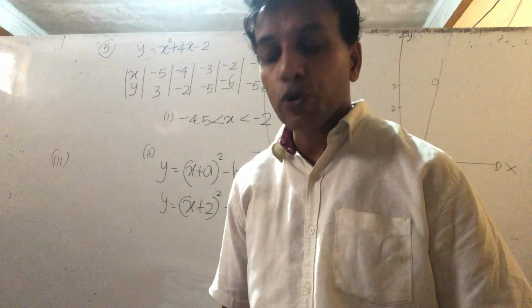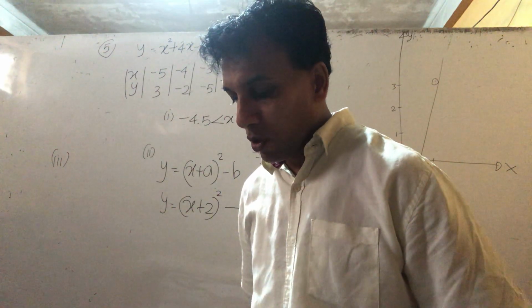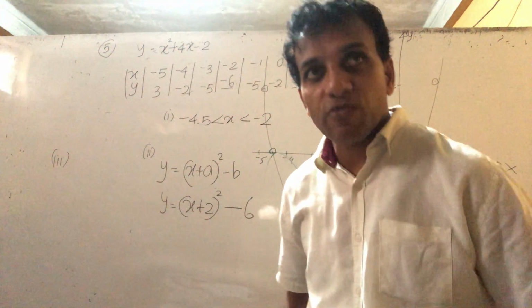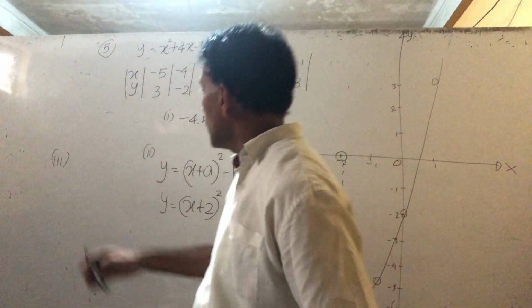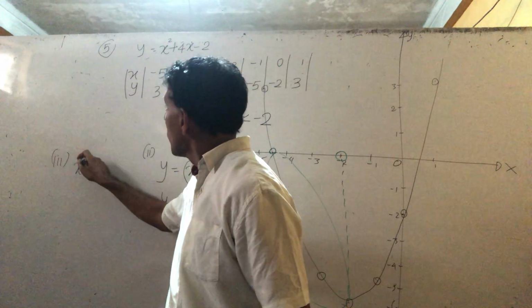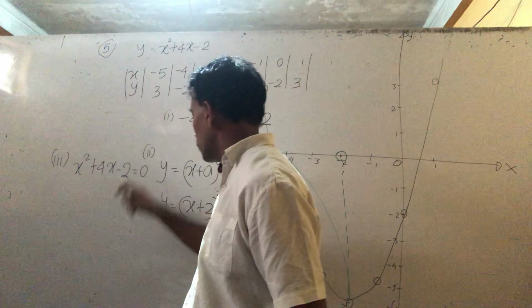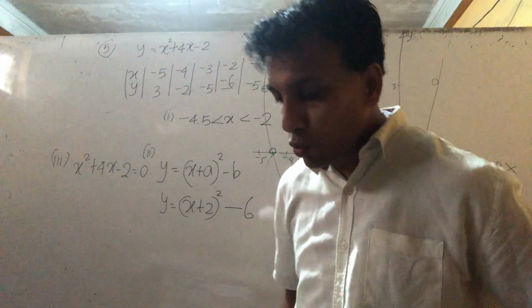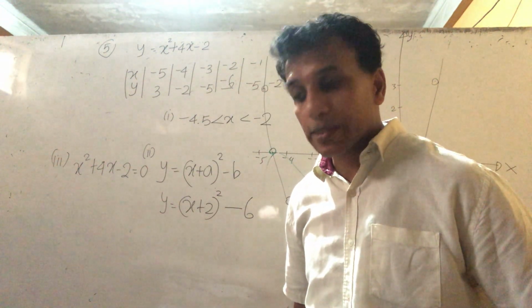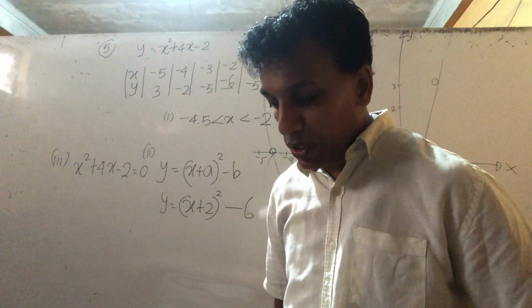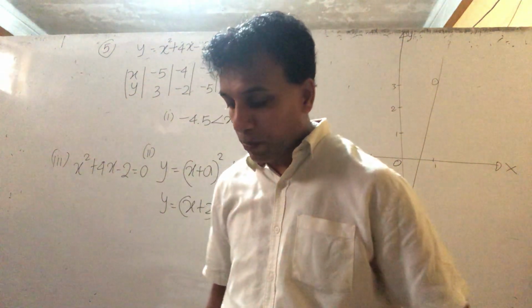Find the positive root of the equation x squared plus 4x minus 2 equals 0, to the first decimal place.